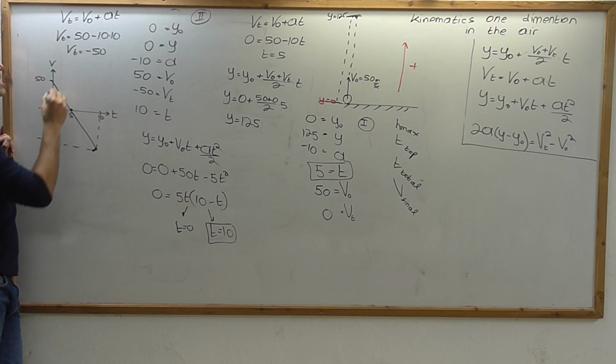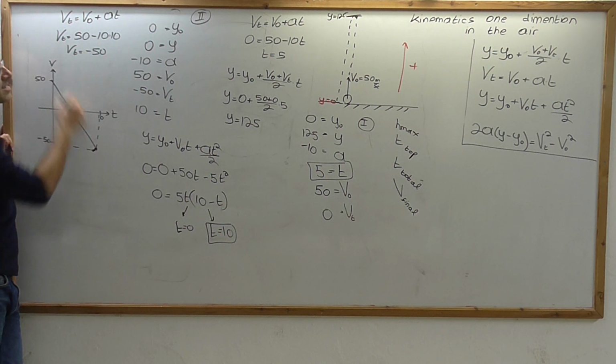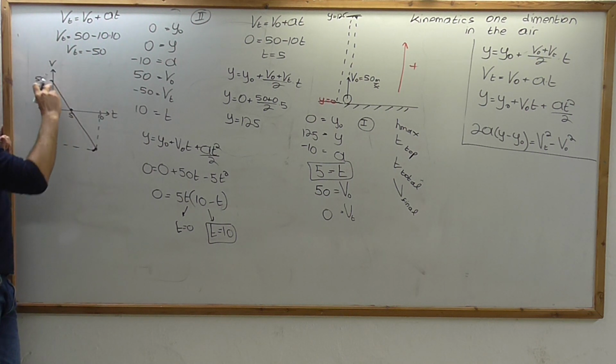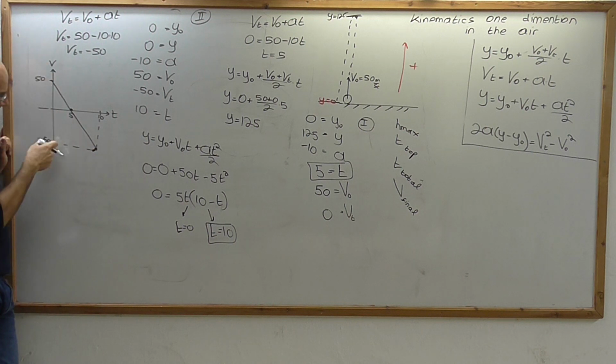If I do slopes again, I'll get always minus 10. It's a straight line. It doesn't matter if you use this triangle or that triangle or this triangle. 50 over 5 is 10 minus. 50 over 5, again, minus 10. 100 over 10 is 10 minus because it goes down.